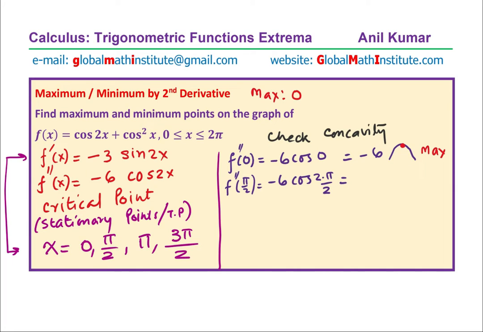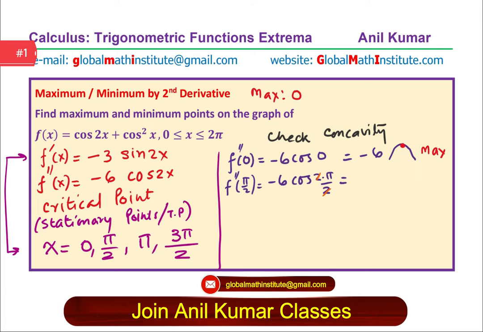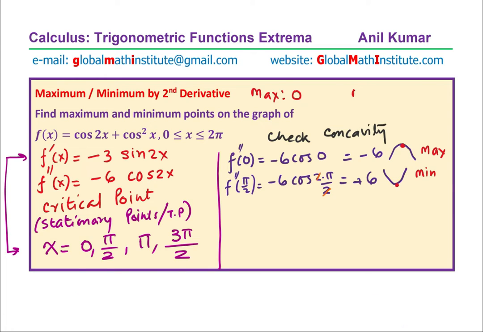Now 2 times pi by 2 is pi, as the 2 and 2 cancel, right? Cos of pi is minus 1, and therefore you'll get this value as plus 6. Plus 6 means the graph is concave up, and concave up means you have a minimum. Is that clear? Do you see how easy it is? So we got a minimum at pi by 2.